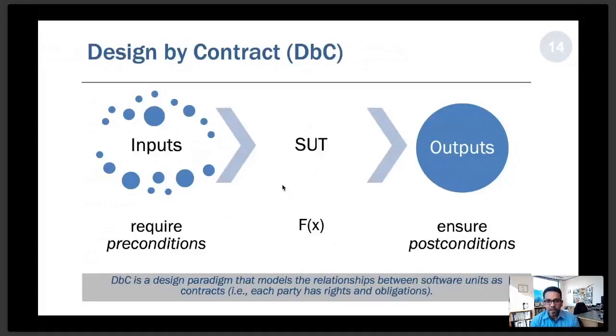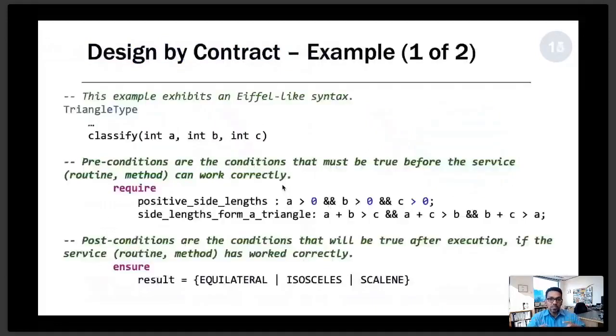We may say that preconditions are just the things that we expect to be satisfied. So I will expect that my inputs will be positive integers. Well, that's what I expect, but I have no control over somebody introducing negative numbers.